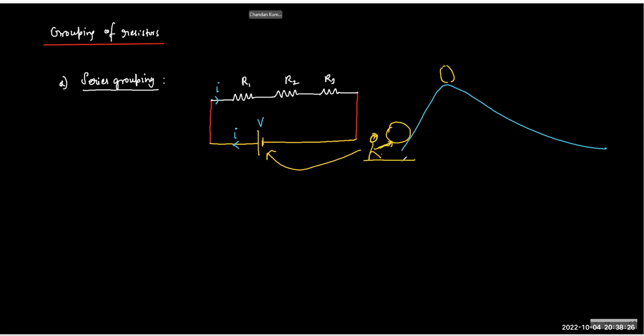So within the cell, the charge will move from low to high, and outside the cell, from high to low. So that's very simple, which one should remember.